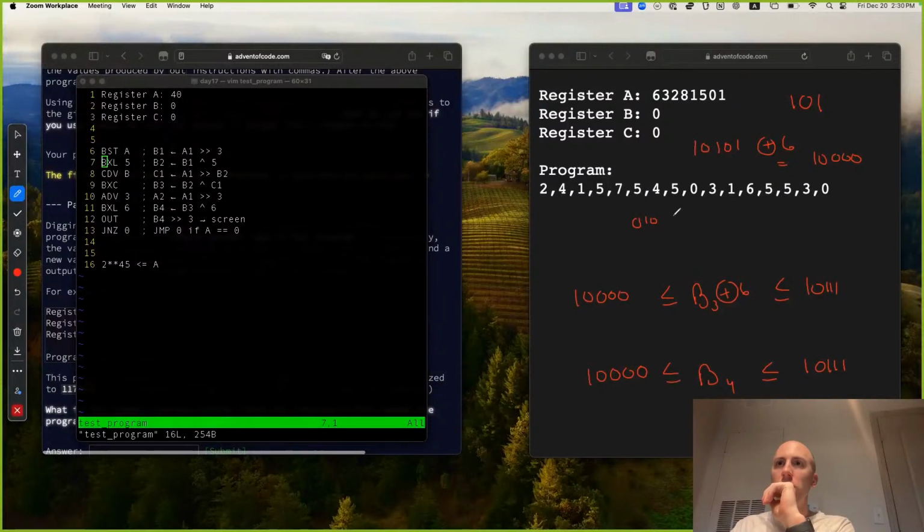XORed with 6, yeah. So if it's like 10, this thing XORed with 6, you're going to get 10111. Yeah.